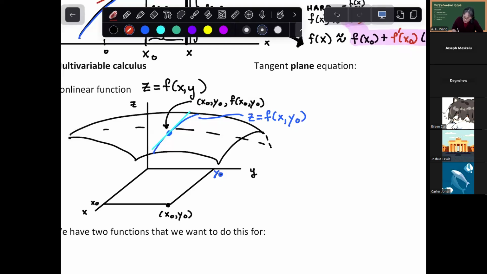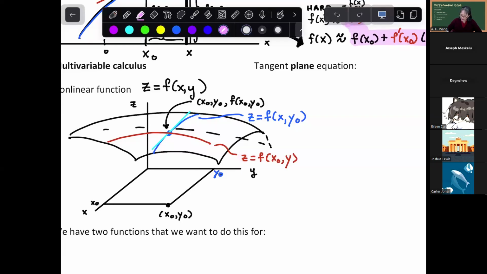And then you know what else you could do? You could fix the x naught. And then you see this plane like this, and it's going to cut through vertically, like this. So this is going to be above, at this. Does everybody see that this is z equal f of y, where you hold the x naught? That's single variable calculus.